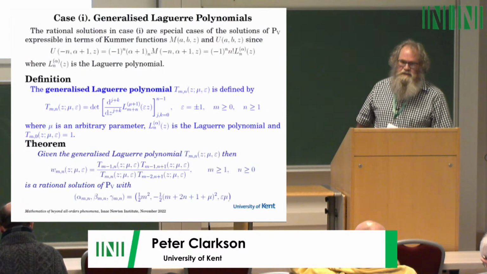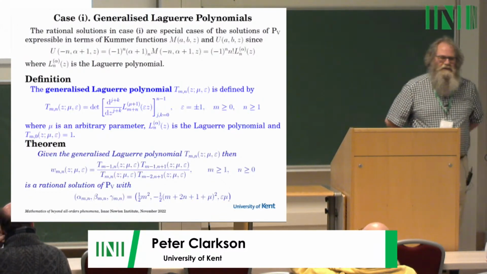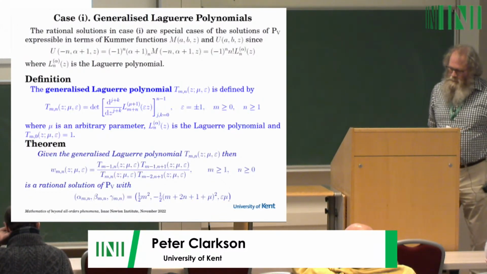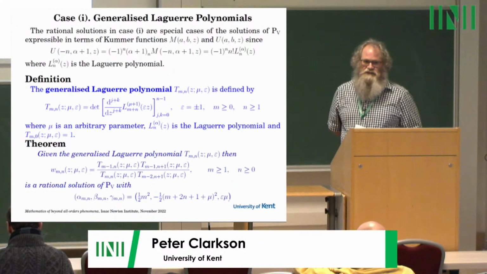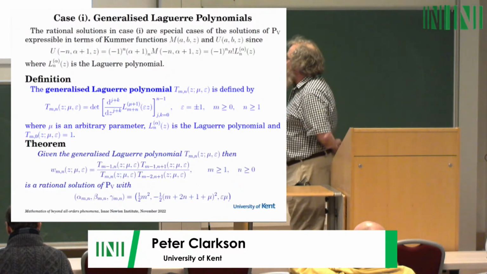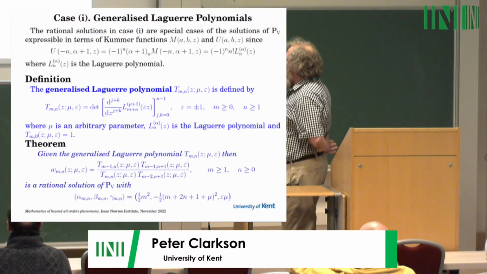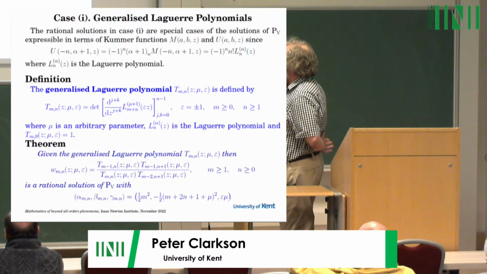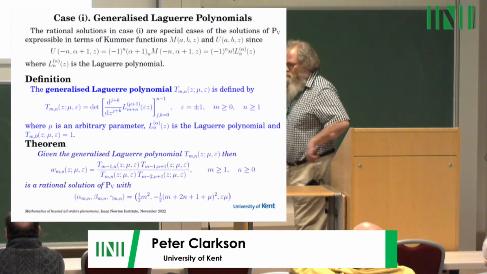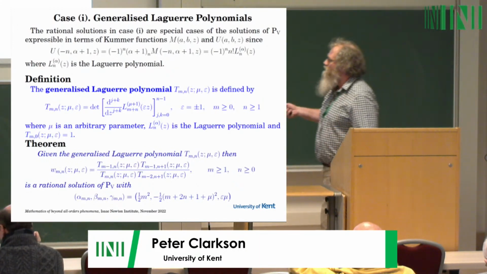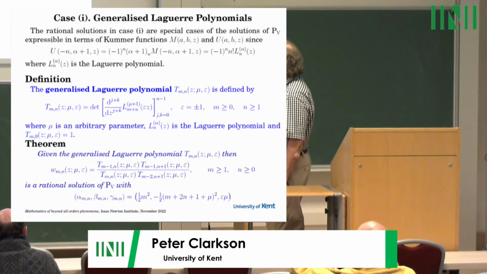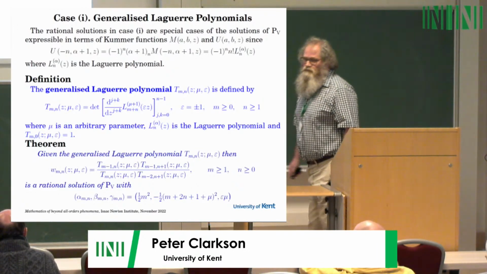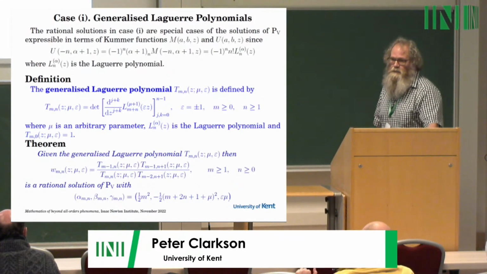Now in the first case, I'm going to call these generalized Laguerre polynomials. These come from special cases of the special function solutions. It's because the Kummer function for certain choice of the parameters is just an associated Laguerre polynomial. And so I'm going to define a generalized Laguerre polynomial as being this determinant, in fact you can think of it as a Wronskian, of Laguerre polynomials.